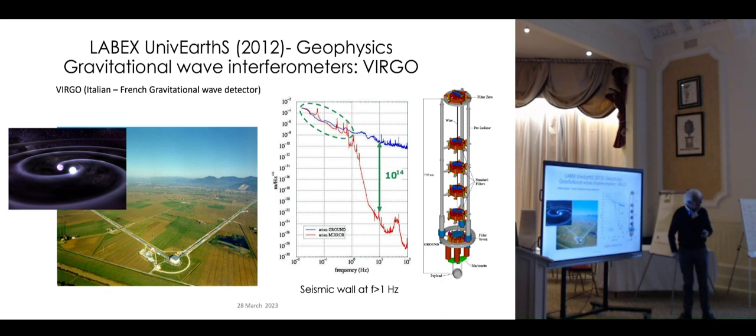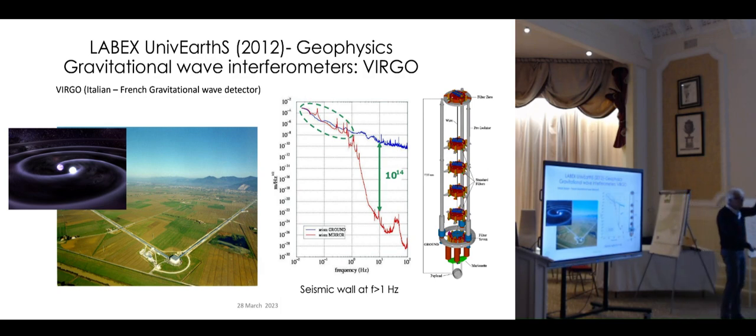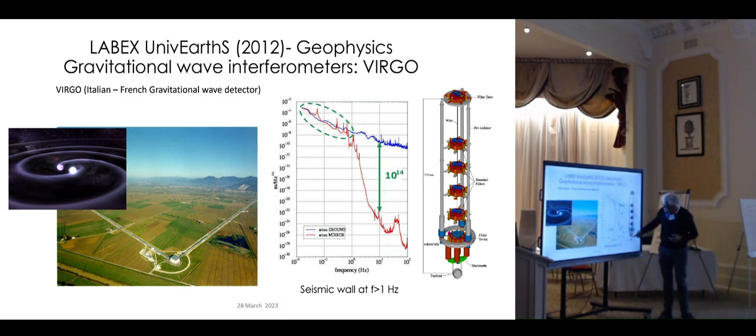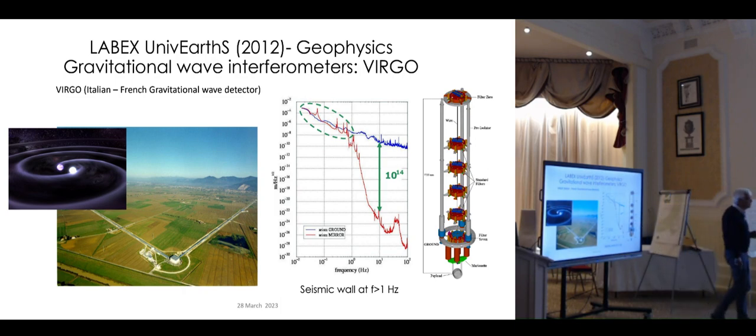At that time, I didn't know anything about this kind of instrument, but I was very impressed because they have what they call the marionette system, which is an inverted pendulum, which makes it possible to stabilize the whole system and the mirror, for example. And they were able, at high frequency, to go down to 10 minus 24 in sensitivity. It's quite impressive compared to what we are able to do in seismology, as I will show you later on.